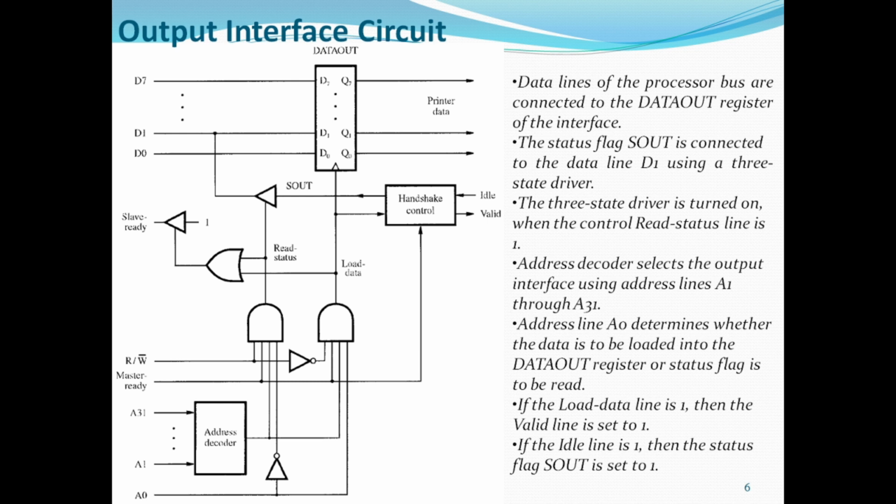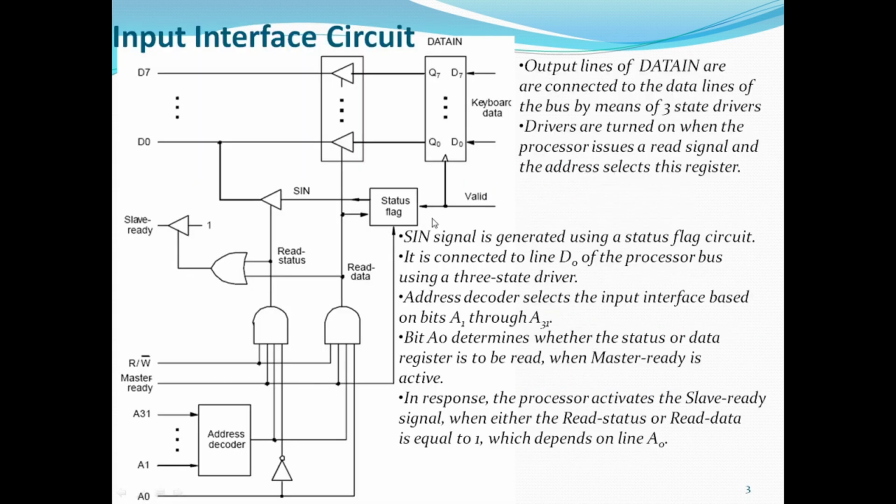The only significant difference between these two circuits is the handshake control circuit, the detailed design of which we know already. So this is one difference, as you can see here.